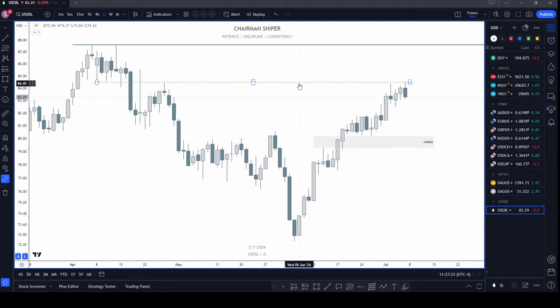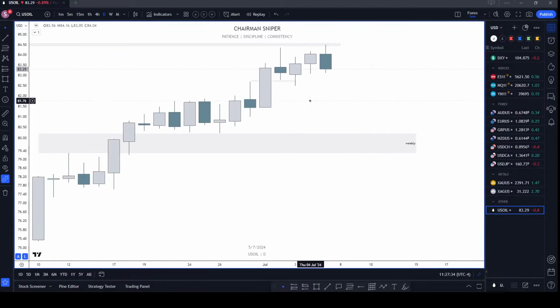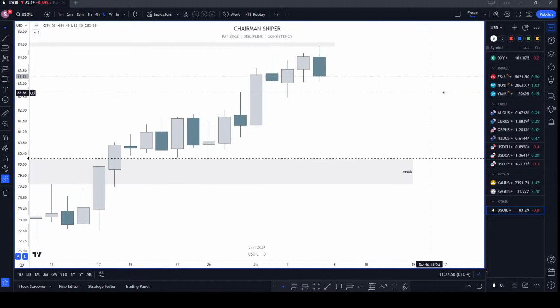Looking at this, yeah, but we did react to this daily fair value gap right here, and then we moved higher. So it's a potential that we do move lower into this weekly still. We're gonna see how price plays out for the week and what exactly happens, so we'll know what steps to take.